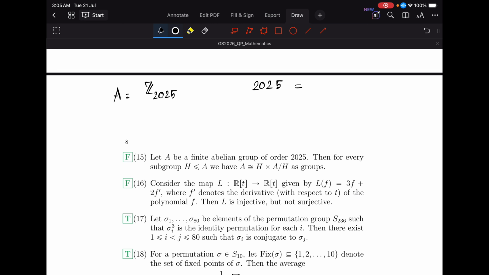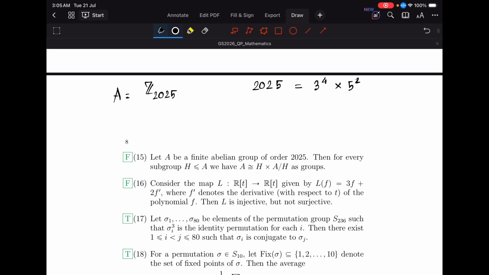Yeah, so 2025 has a prime factor 3, so this is 3 to the power 4 times 5 square, yeah, this is the prime factorization.